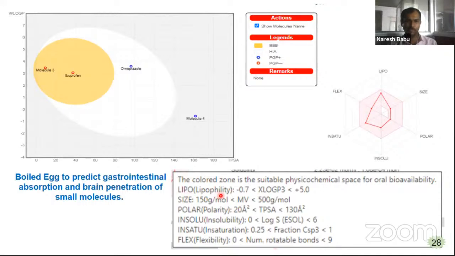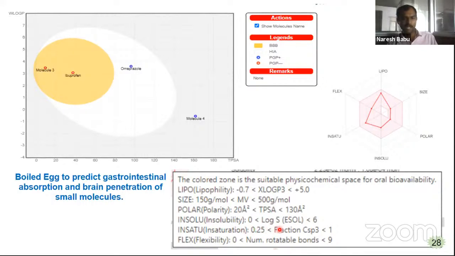First is lipophilicity: the compound should have a value between minus 0.7 and plus 5. Size of the molecule, that is molecular weight, should be 150 to 500 grams per mole. Polarity, that is topological polar surface area, should be between 20 and 130 angstrom squared.